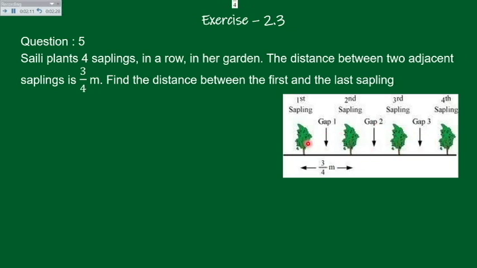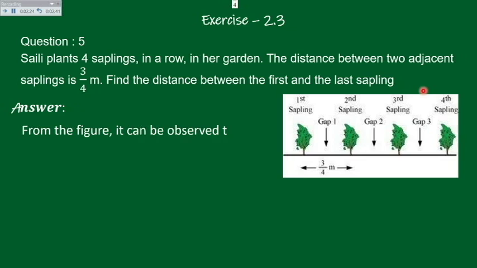So what we need to find? We need to find the distance between the first sapling and the last sapling. So here is the solution. From the figure, it can be observed that the number of gaps between the first and last saplings is 3.